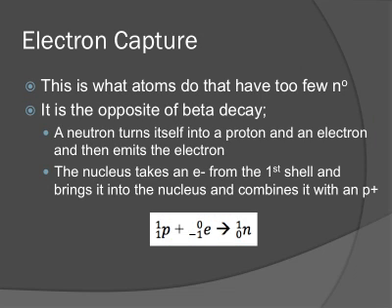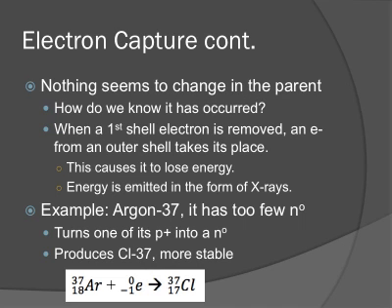Okay, so when we do this, nothing seems to change because the number of electrons didn't really change. They're still there. The matter didn't change. So how do we know that it has occurred? If the nucleus is just stealing things from around it, we have to look at what happens energy-wise. When the first shell electron is removed, an electron from an outer shell takes its place, and then an electron from past that takes that place.